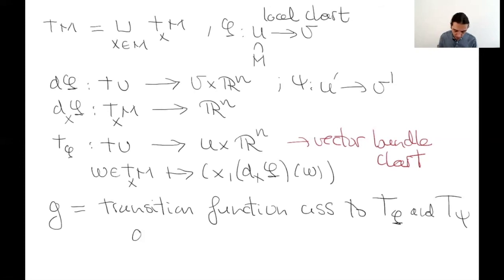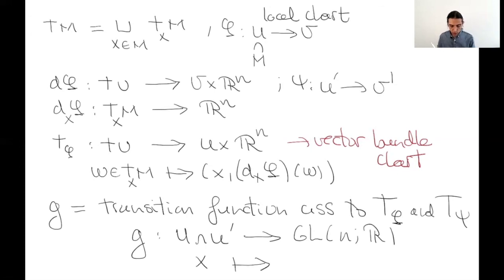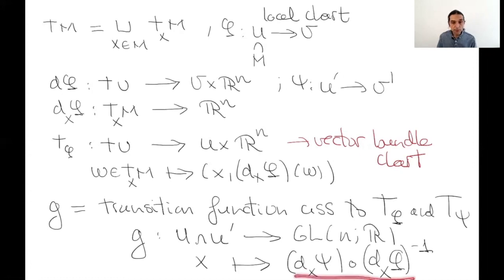This is going to be a map from the intersection of U and U prime to the linear group, and it sends X to the composition of the differential of psi at X with the inverse of the differential of phi at X. And the point is that if our manifold is C infinity, this map is C infinity, the transition functions are C infinity, and so in this way we have defined over the tangent space of M a structure of C infinity vector bundle.